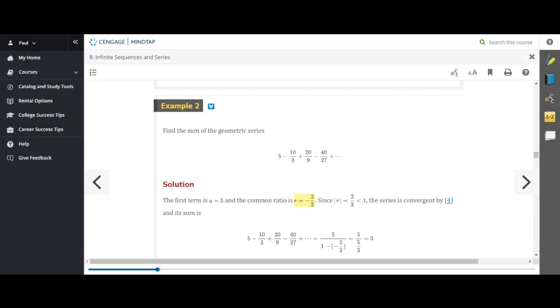If you multiply the second term by the common ratio, negative 2/3, you get 20/9, the third term. Multiply the third term by negative 2/3 and you get negative 40/27, the fourth term. So that's another way to think about the common ratio, and for me personally, it helps me feel good that it's a geometric series doing it that way.